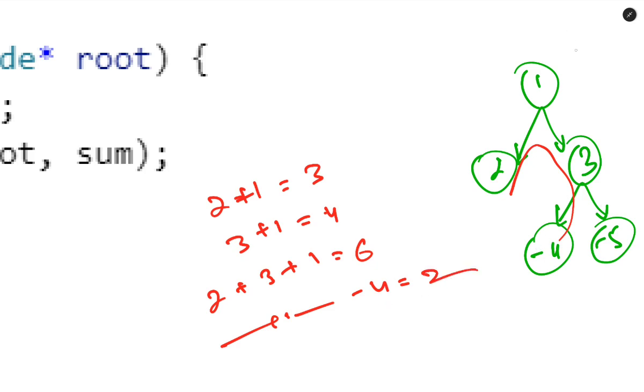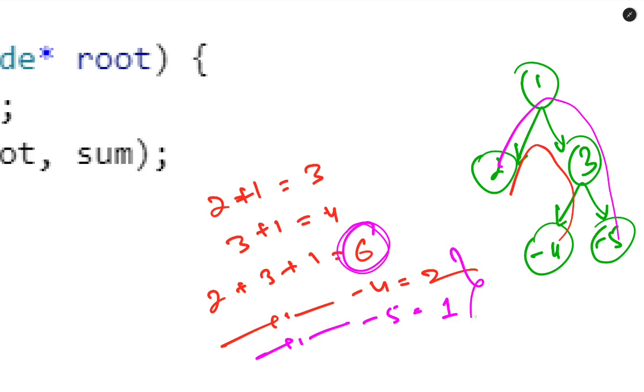And if you consider this path, 2 plus 3 plus 1 minus 5, which will be 1. So definitely 6 is a bigger number; 2 and 1 are smaller than 6. So I will not consider these paths. Better I will consider 0 in place of them. So in case of negative, it would be better if it was 0, right?